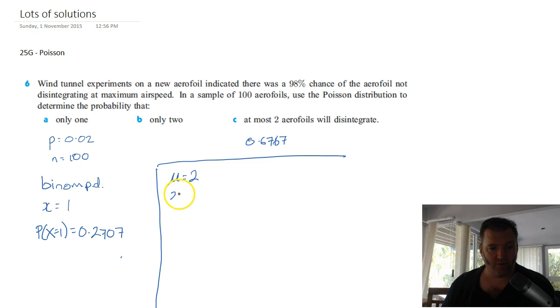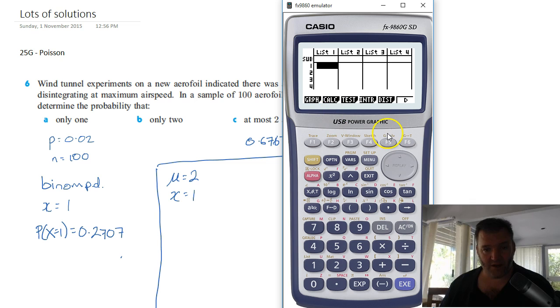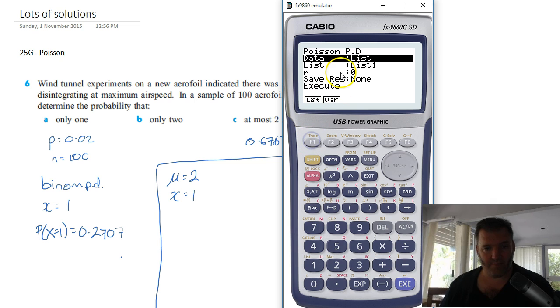Now how many are we actually looking for out of that mean value? We want to know what's the probability of getting exactly 1. And they're the numbers that we use in our Poisson distribution. So if we go to distribution, and we scroll across till we find Poisson, one particular value, so PDF, it's got to be a variable. We want it to be a variable.